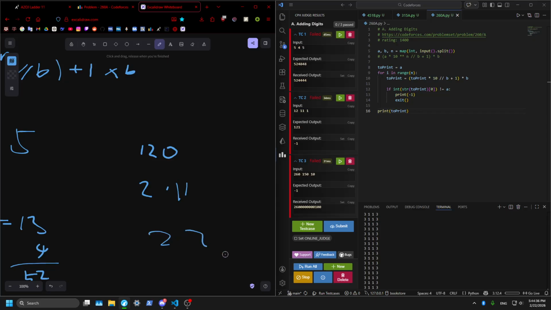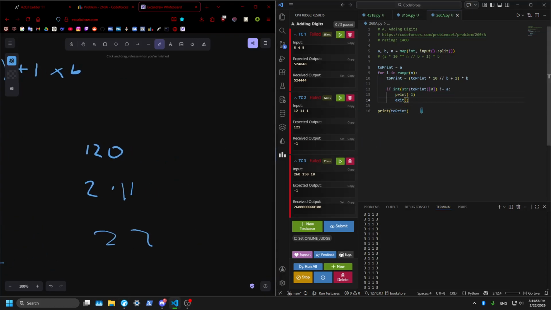That's not right. That's not right at all. And this is not right either, because this checks the first digit. It could be multiple digits. Okay, this is harder than I thought.